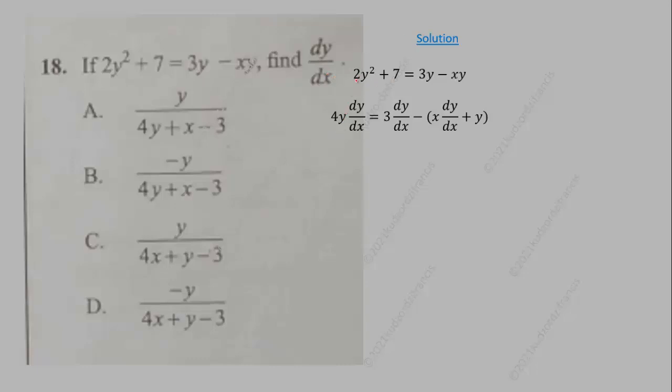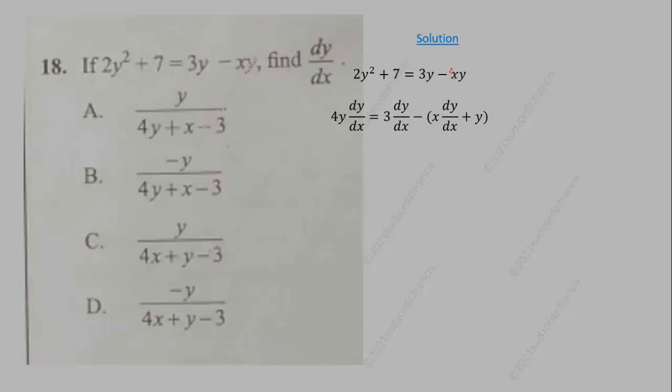Differentiating this will give you 4y dy/dx. If you differentiate y, you have to introduce the dy/dx to show that we are differentiating with respect to x. Then if you differentiate a constant, you get 0. If you differentiate this, you get 3 dy/dx.